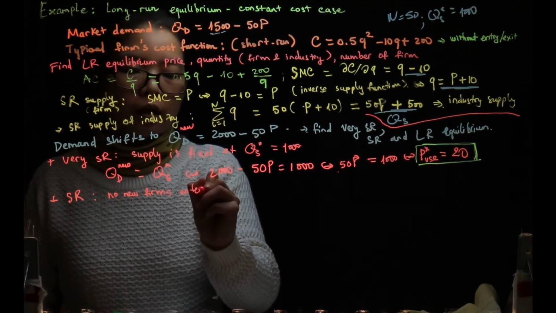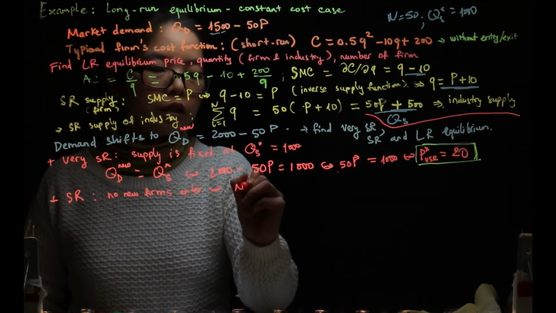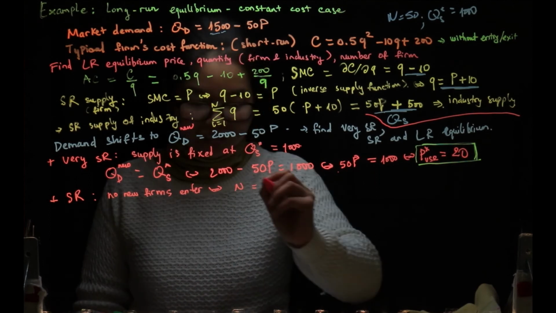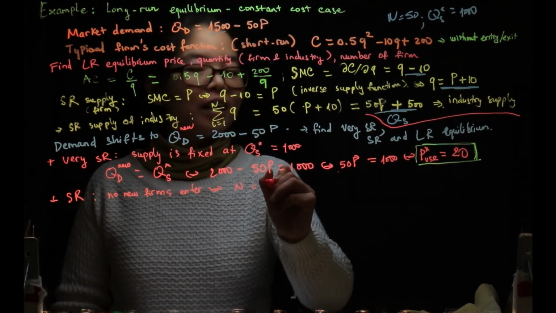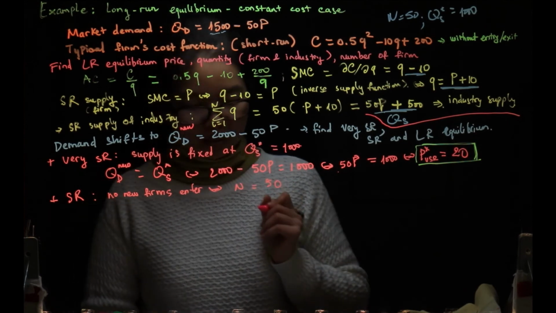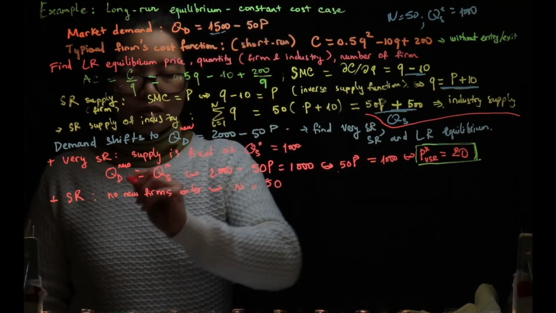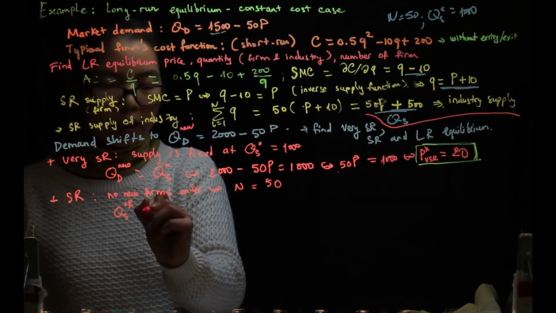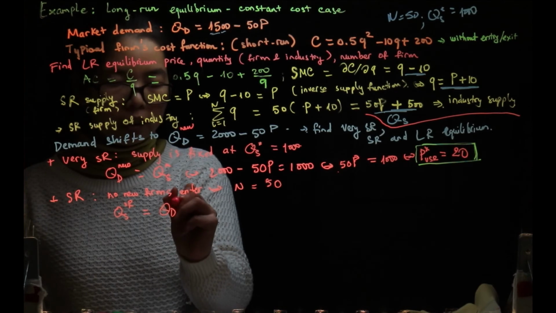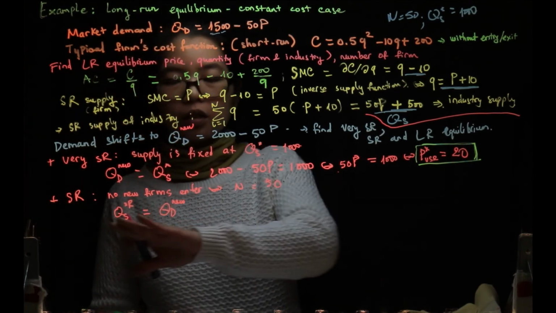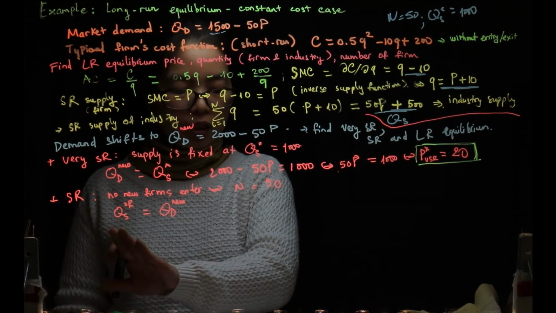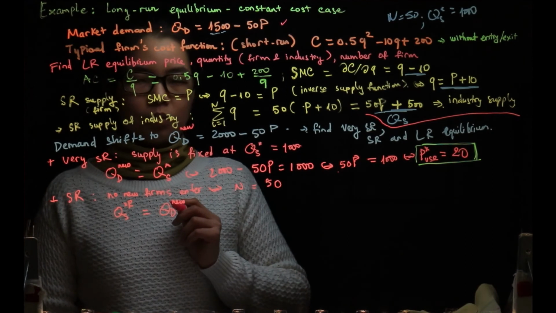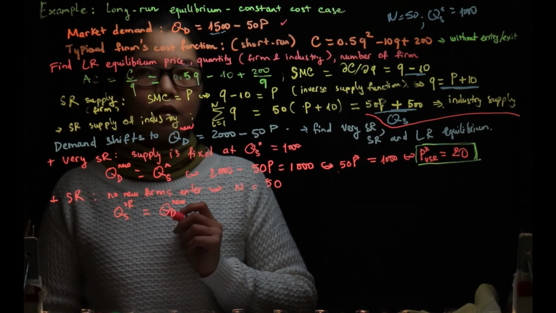Enter. Meaning we still have n, not n equals 50, right? So we would have QS short run equals QD new. That means the total supply of the industry is the same short run supply curve as before.